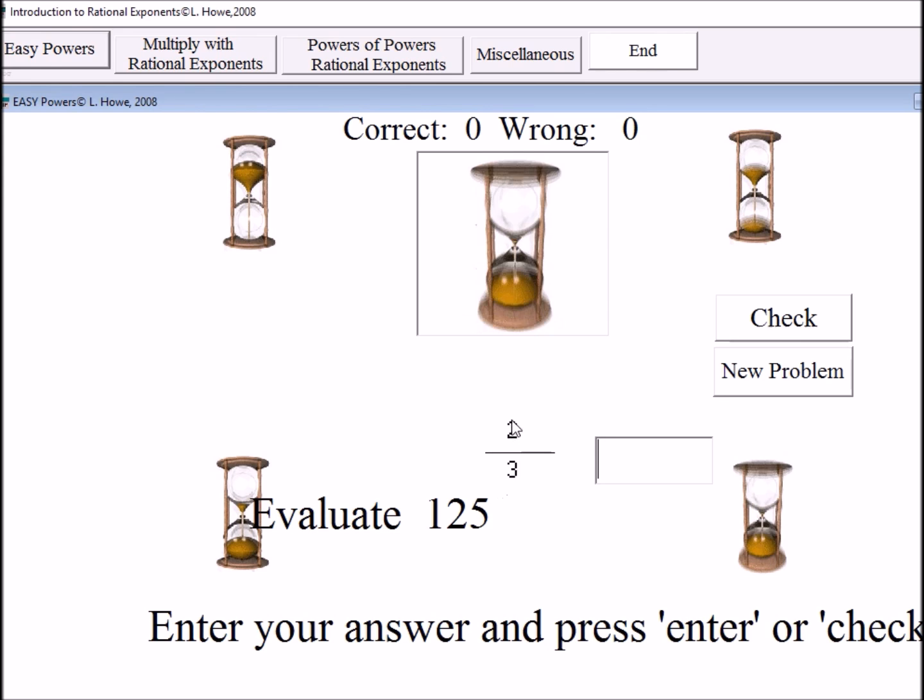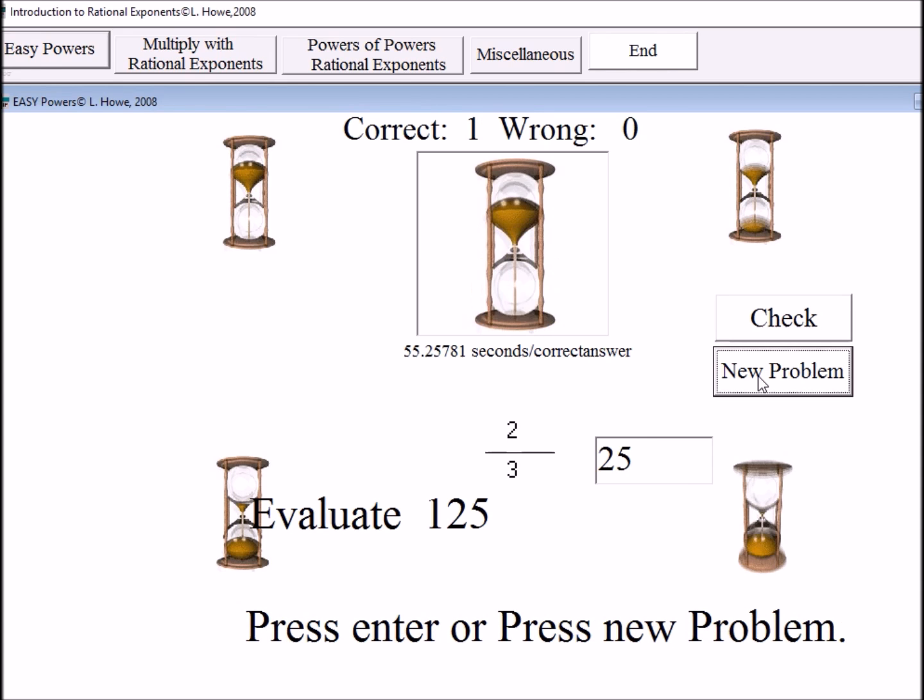If you ignore the 2 and think of this as to the 1/3 power, this would be taking the cube root of 125, which means what number times itself 3 times would give 125? Well, that would be 5. So the cube root of 125 is 5, and then you square that. So the answer to this problem is 25. I hope you followed that.